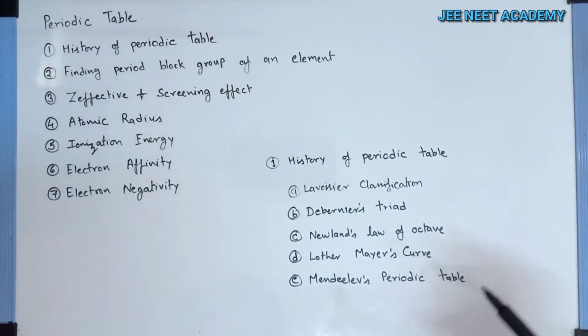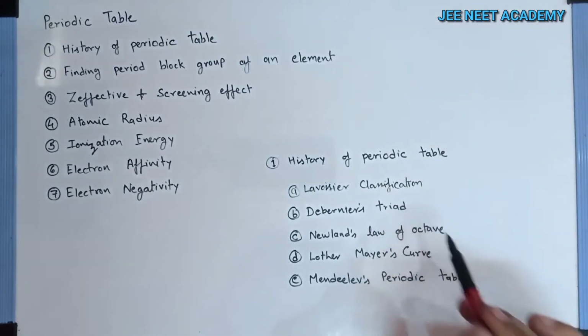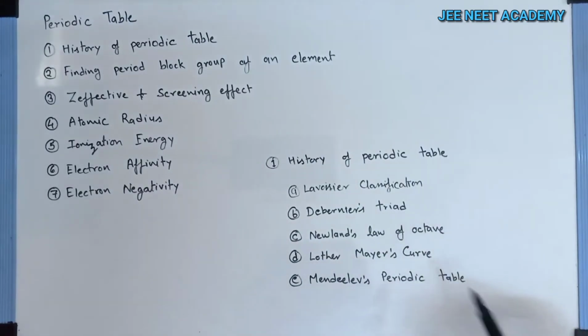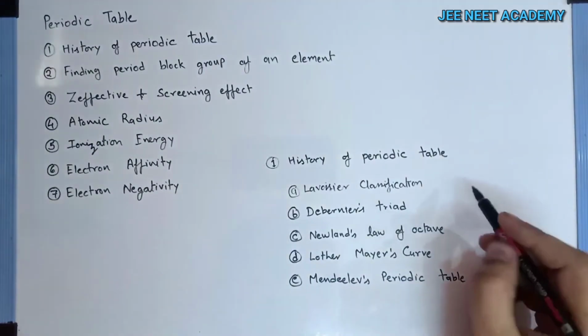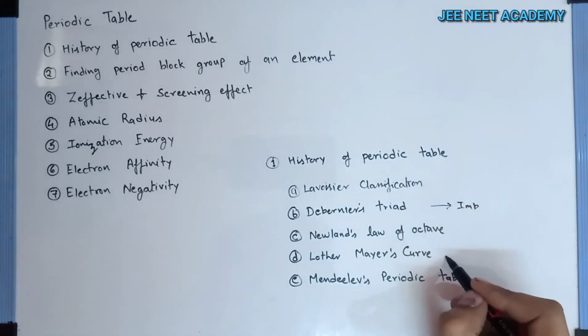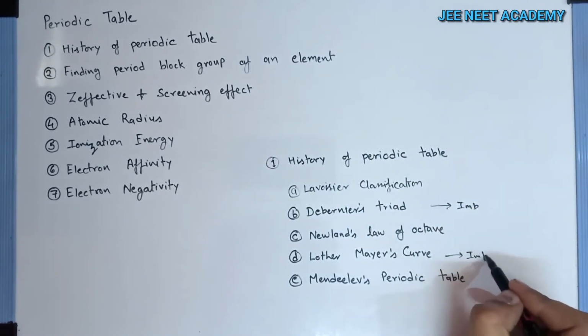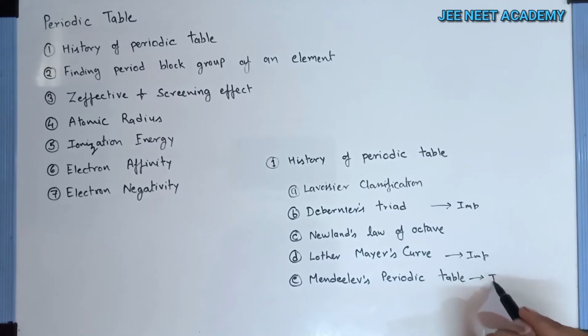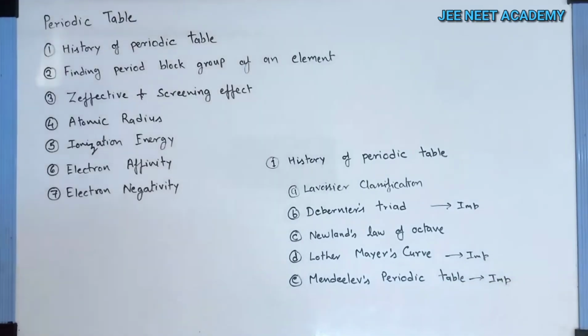There's not much theory in these 5 topics. As per JEE and NEET, you should clearly understand the Dobereiner triad, Lothar Meyer's curve, and Mendeleev's periodic table, because the question will be from this topic if they are asking from history of periodic table and classification. Okay, so Dobereiner triad is important, Lothar Meyer's curve is important, and Mendeleev's periodic table is important.